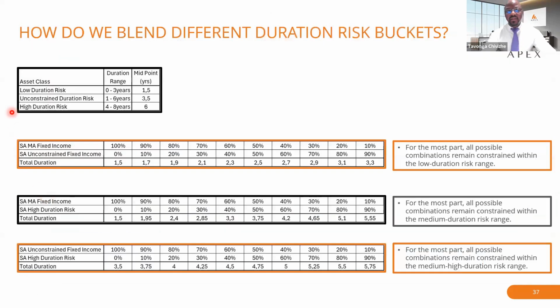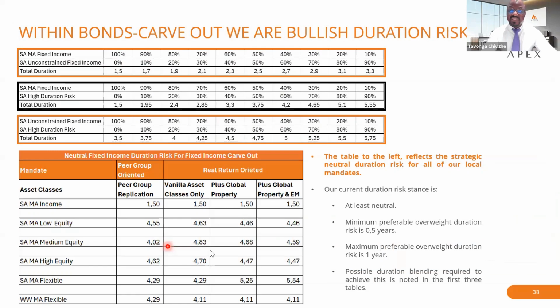And this is a manner in which we can blend different fixed income products to achieve different ranges of duration risk. We would then compare these blends of duration risk to the strategic risk weight for the different mandates. So a low equity portfolio, for example, has got a neutral duration risk of 4.55 years, but we want to be overweight by at least 0.5 years, which would then be 5.05, up to 1 year, which would then be 5.55.